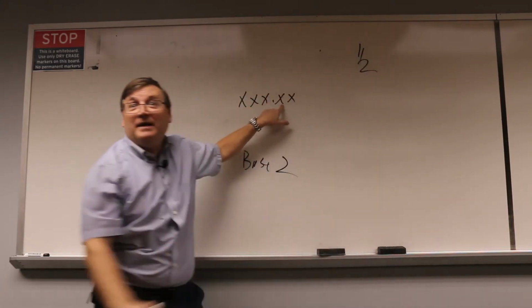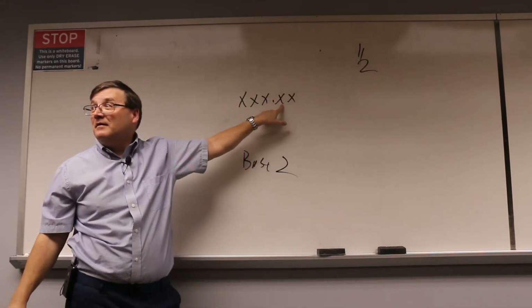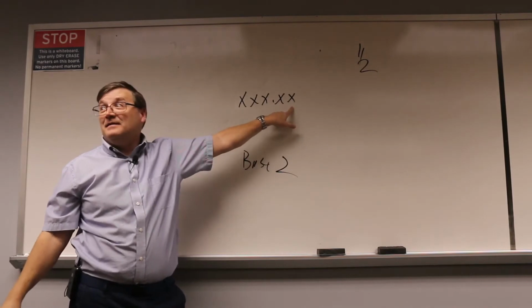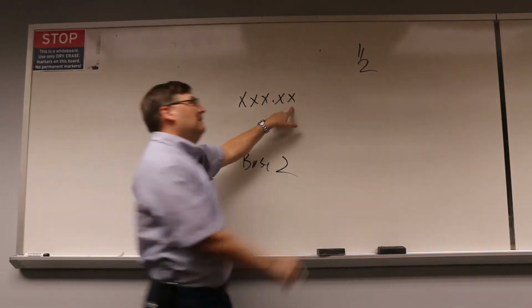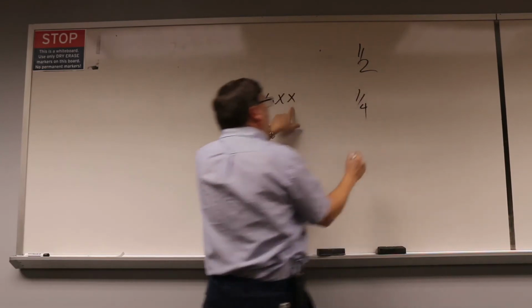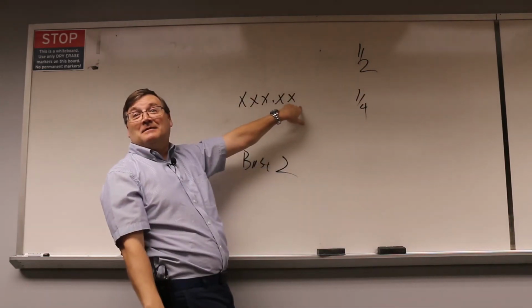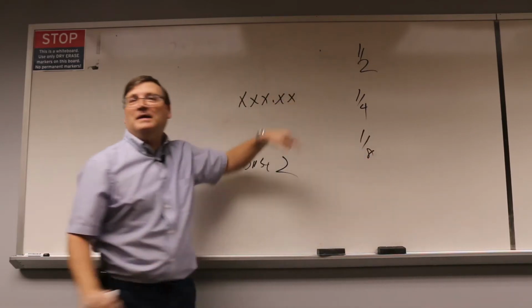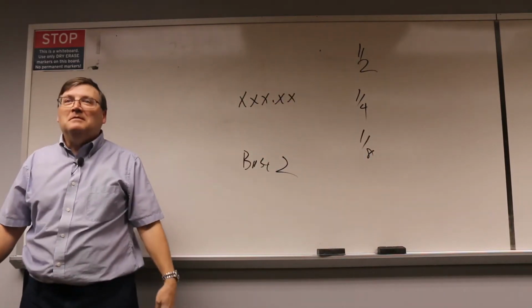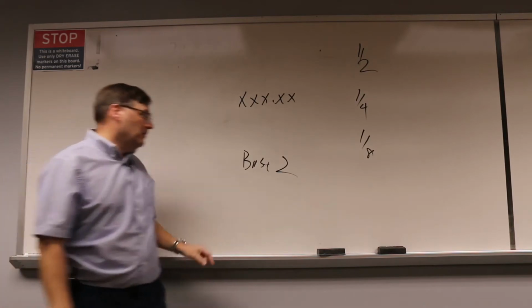One half, right? And that's 2 to the minus 2, which would be 1/4. What do you think the next one is? 2 to the minus 3, which would be 1/8, right? Okay.